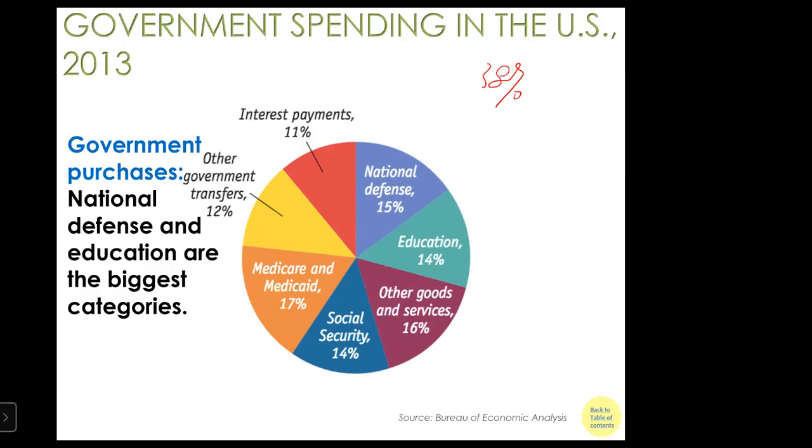Now let's just look at national defense. National defense is going to be 15% of this 38%, right? So that just means the United States roughly spends 5.5% of our total income on national defense. Okay, the next one is education.